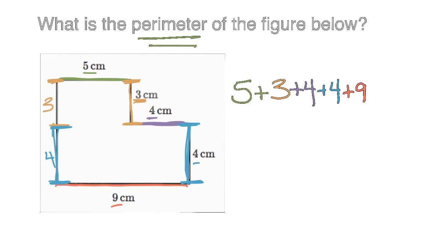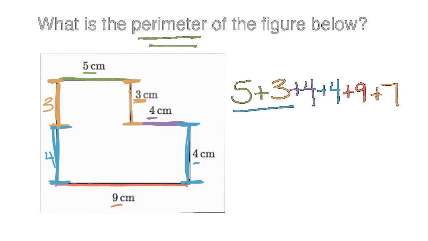So if we have 4 centimeters plus another 3 centimeters, that's a total of 7 more centimeters. So now we know all of the lengths around the outside. So if we combine them or add them, we'll know the perimeter.